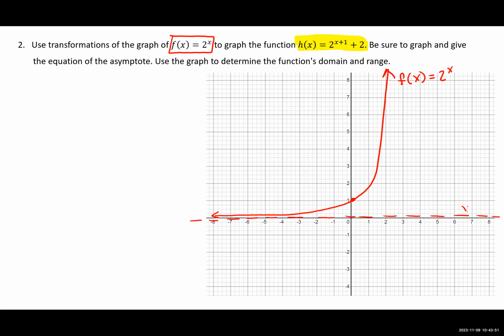So the equation of that asymptote is the horizontal line y equals 0. So now let's look at the function h of x is equal to 2 to the power x plus 1 plus 2.